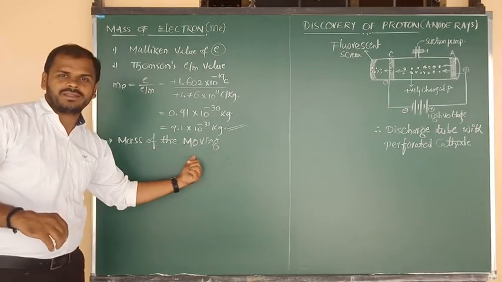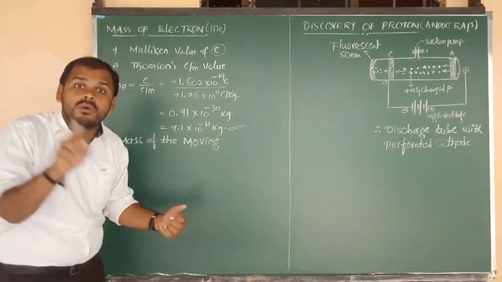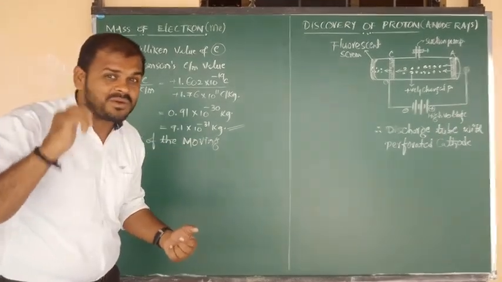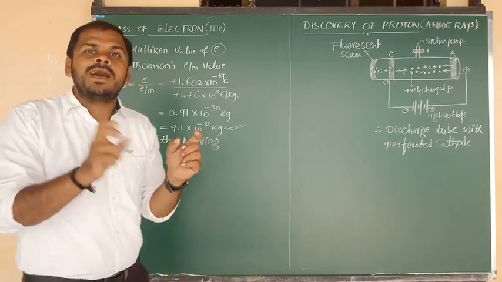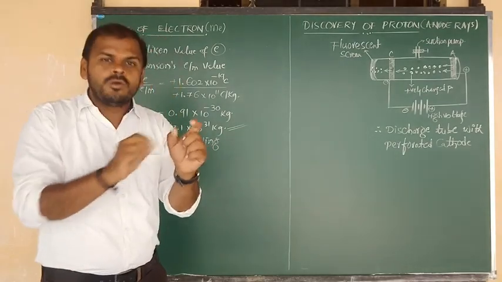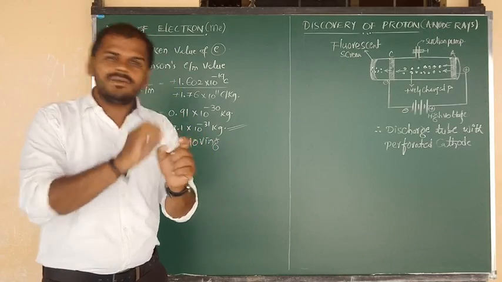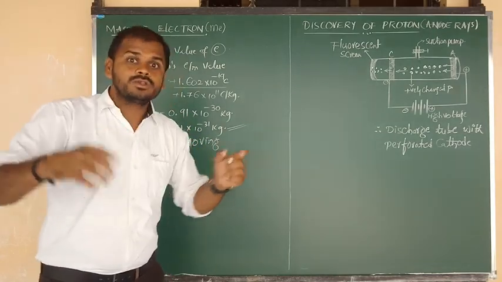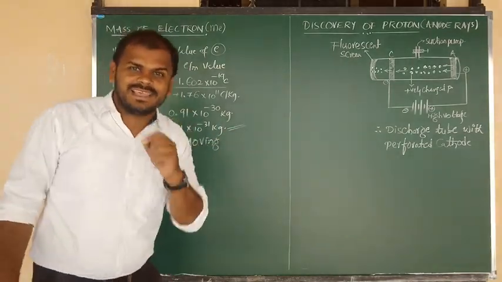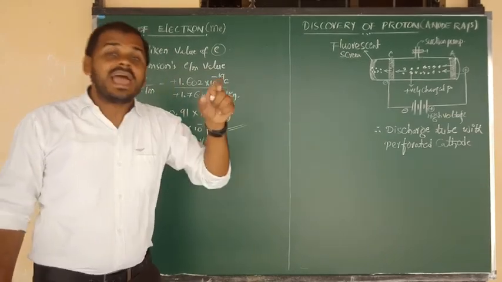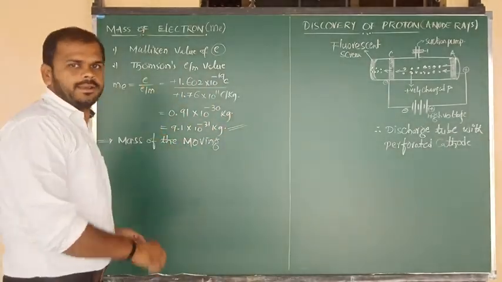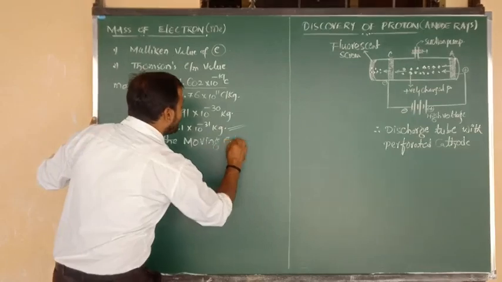Here I am going to calculate the mass of the moving electron, because electrons are present in the orbit and they move around the nucleus. They revolve around the nucleus with very high velocities. Such moving electron mass we are going to calculate.